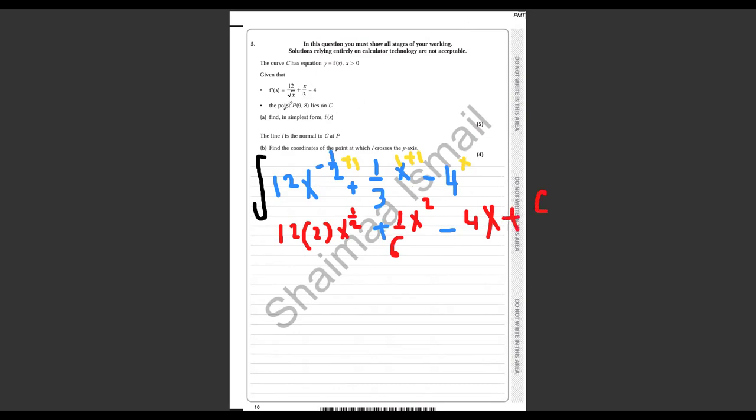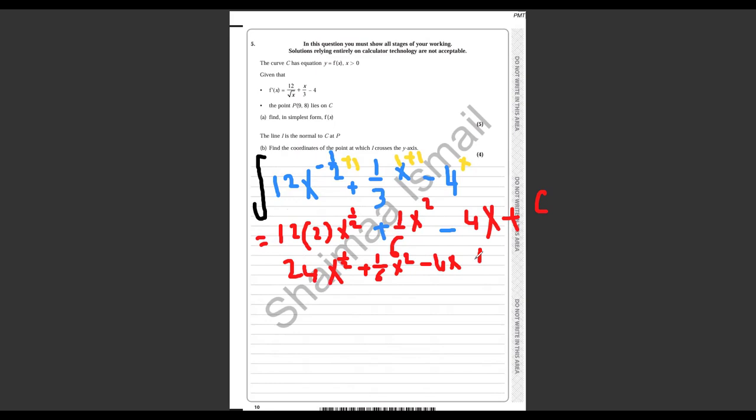Okay, and here we have a point. It will be 24x to the power half plus 1 over 6 x squared minus 4x plus c.